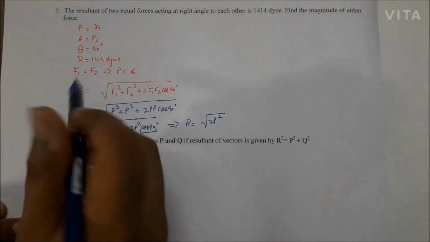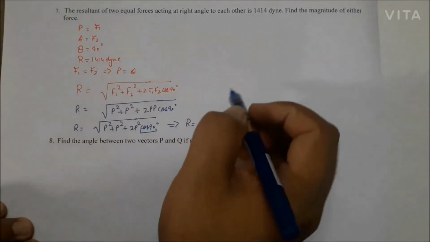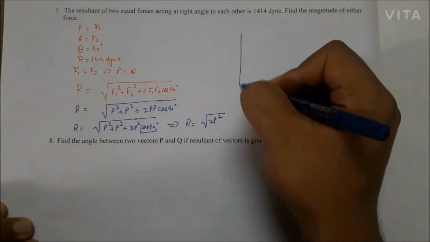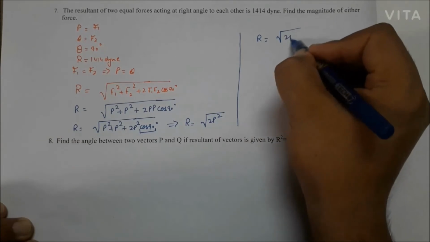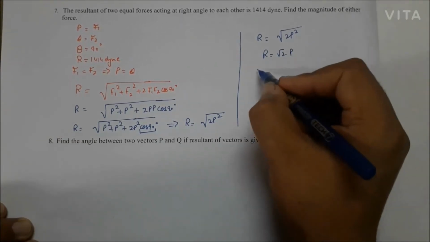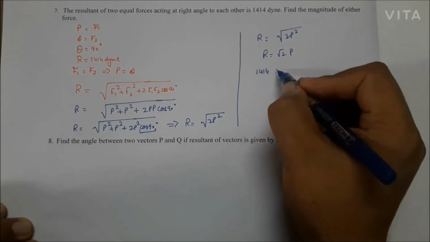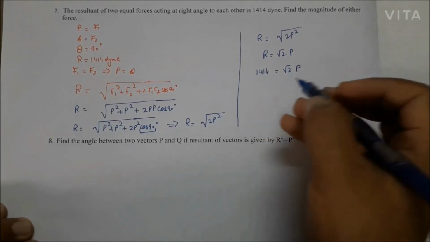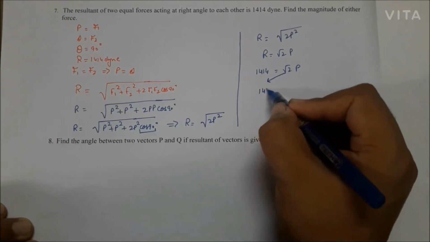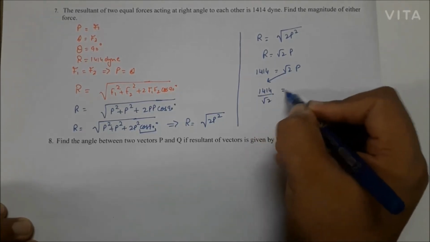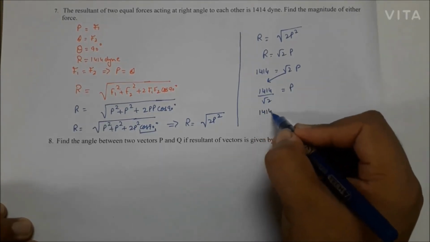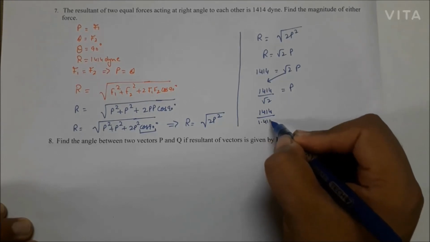Now what is the value of R? It is 1414, so we get R is equal to root of 2P square, or R is equal to root 2 into P, and R comes out to be 1414 is equal to root 2 P. Now this root 2 goes to the denominator on this side, 1414 by root 2 is equal to P. The value of root 2 is 1.414.